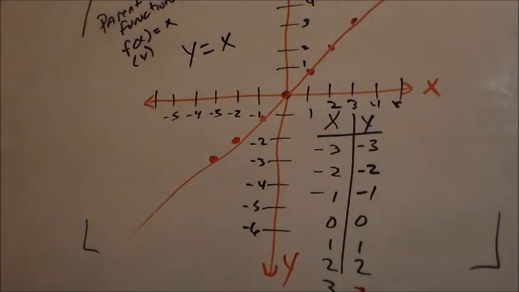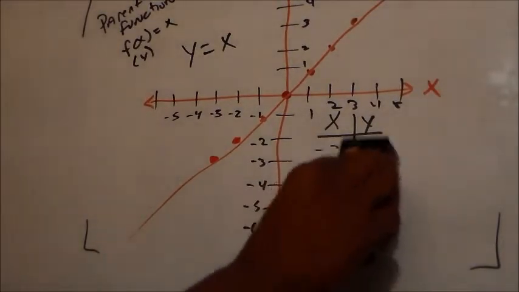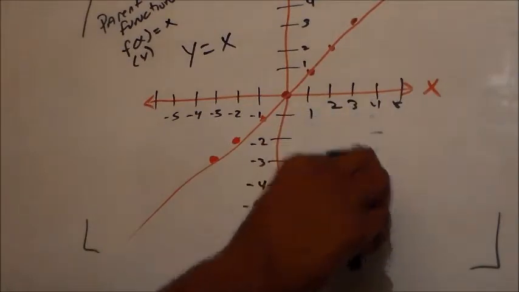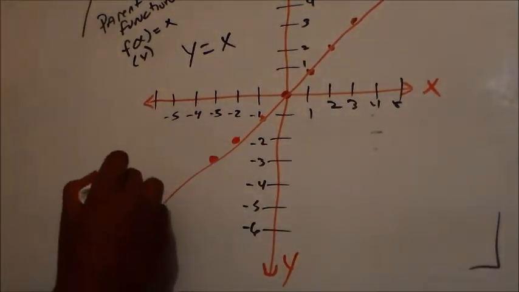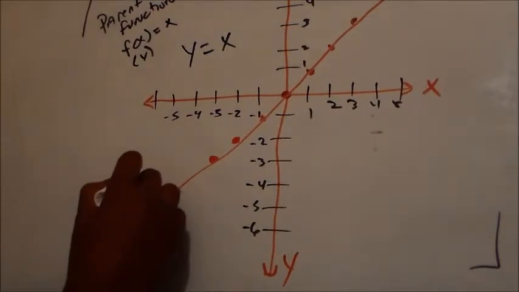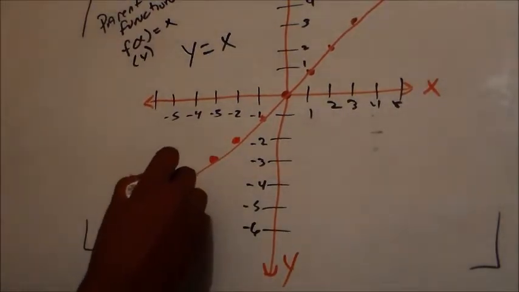Now, when we come back and we want to plot g of x, f of x was x, so I'm going to take that out because we don't need it. We know what our f of x is, and I'll even put it in red. This red is f of x equals x.